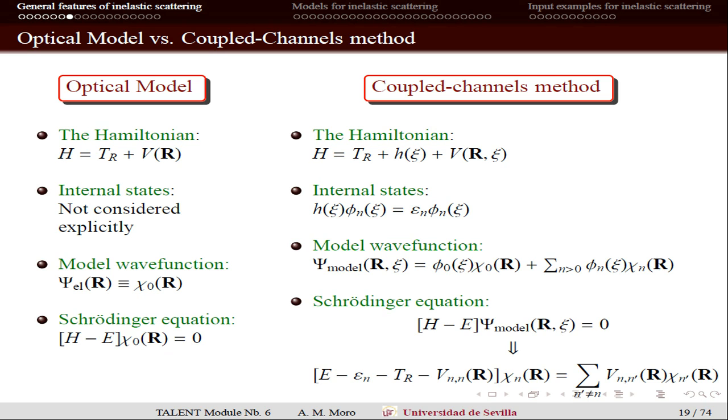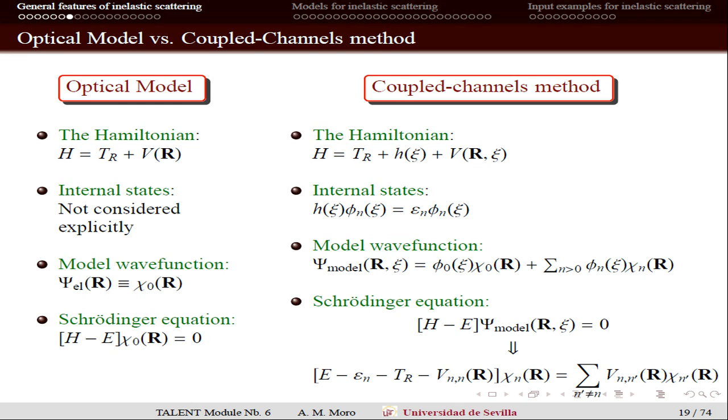Our internal states will correspond to eigenstates of some model Hamiltonian, this small h, and the total wave function in the coupled channels method is expanded in these internal states. We have some unknowns here that in this case will be a solution, again, of this Schrödinger equation, which can be written in terms of a set of coupled differential equations.